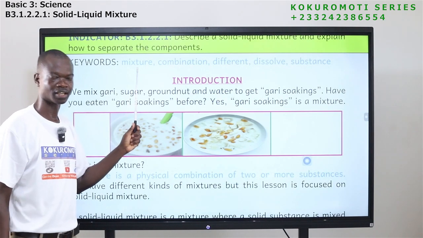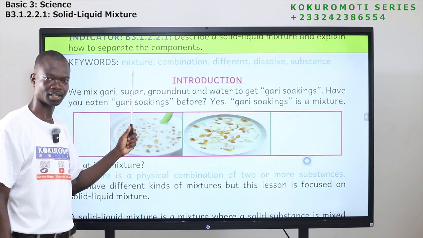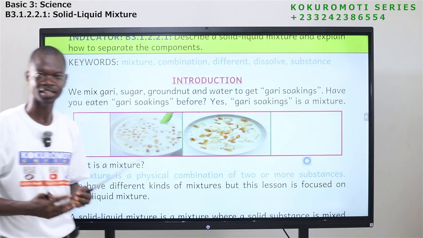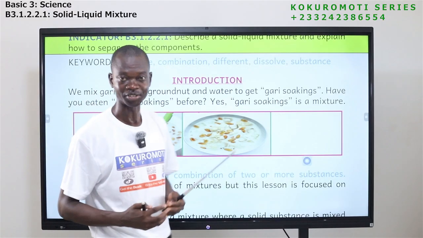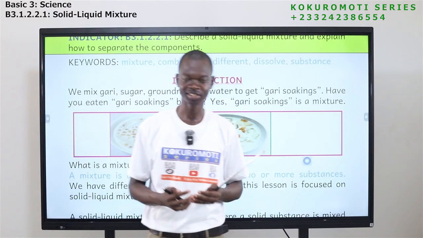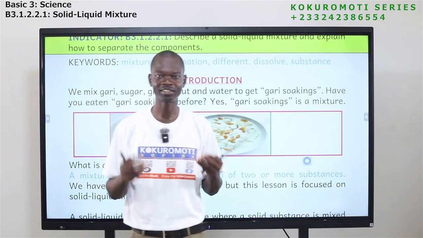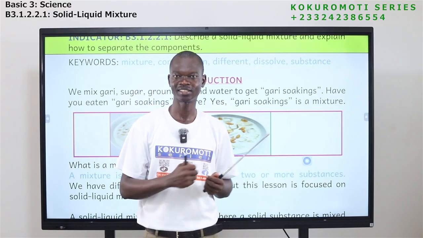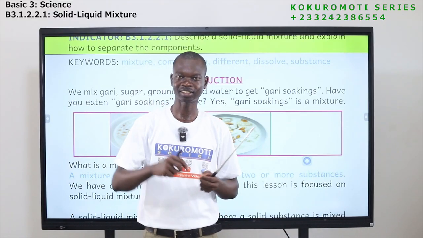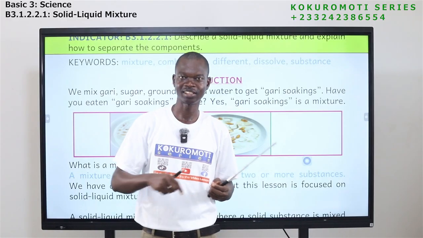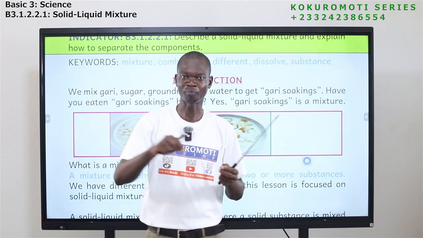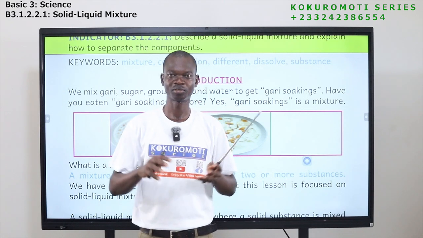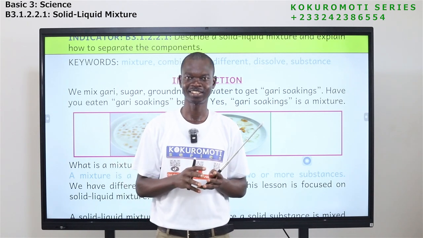We have mixture. So when you talk of mixture, what comes into your mind? In the house, you prepare food. You don't use only one ingredient. You go and buy this, you buy this, you buy this, put them together. And then what? You stir in order to mix it, to get the ingredients well mixed.